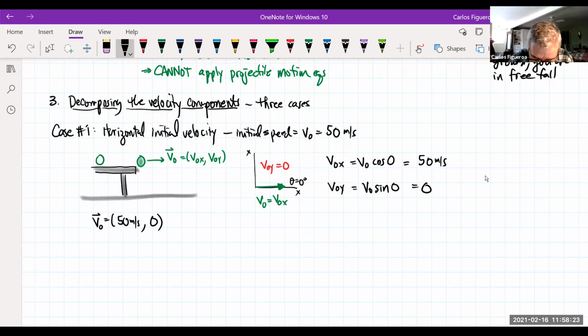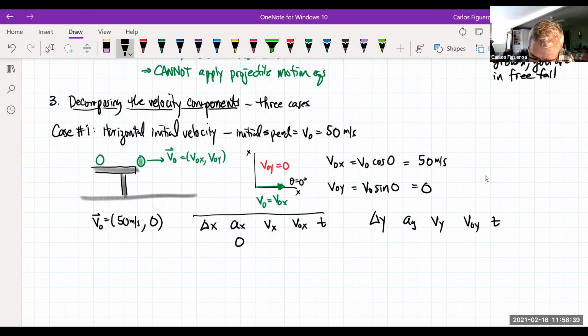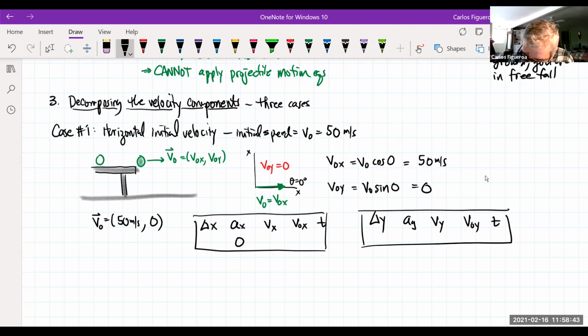Now that's going to be important because when we start to look at our equations, you could see that when I look at my data tables to organize information, one of the most important pieces is actually putting down the initial speed.